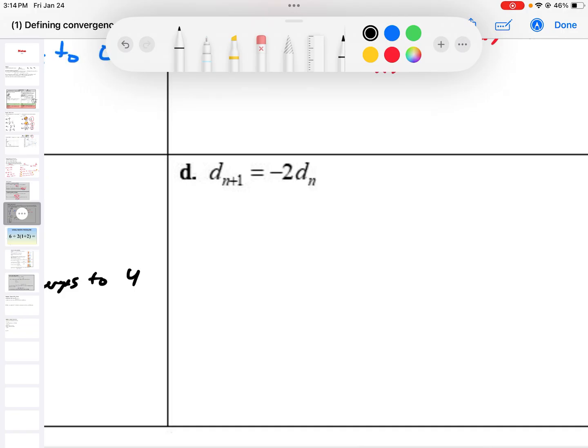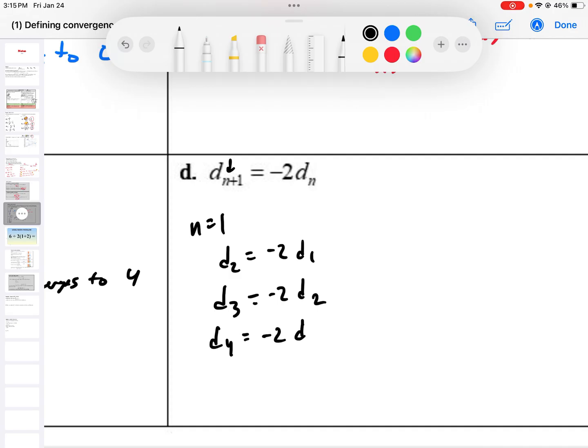Oh, okay, this one. d sub n plus 1 is equal to negative 2 times dn. So to find, let's say n is 1. Then I plug in 1, that means d2 is equal to negative 2 times d1. If I wanted to find the third term, plug in 2, d3 is negative 2 times d2. d4 is equal to negative 2 times d3.